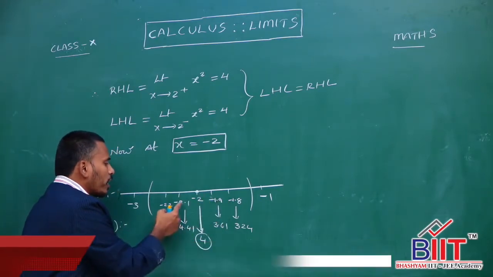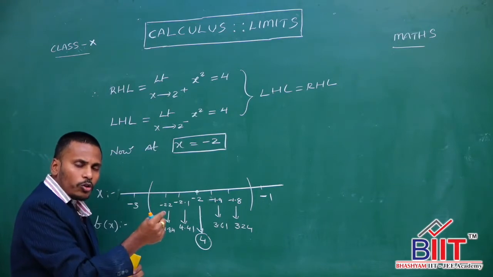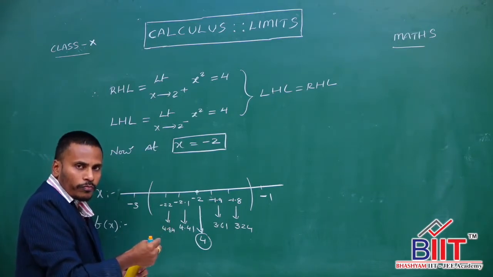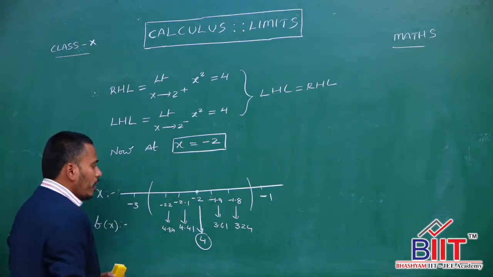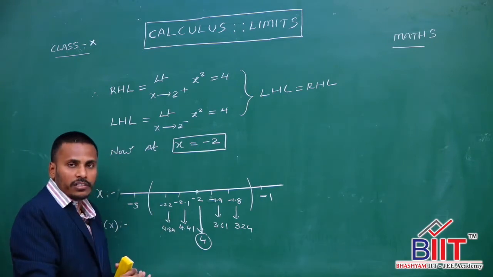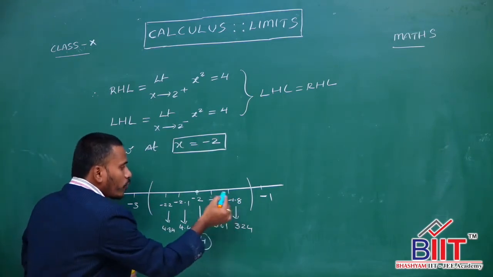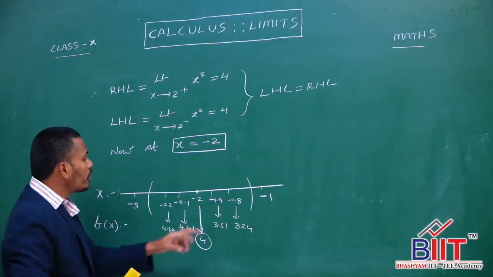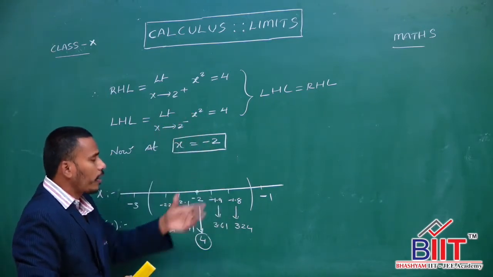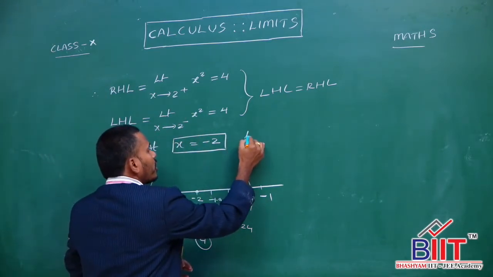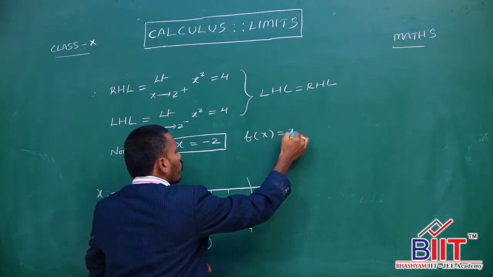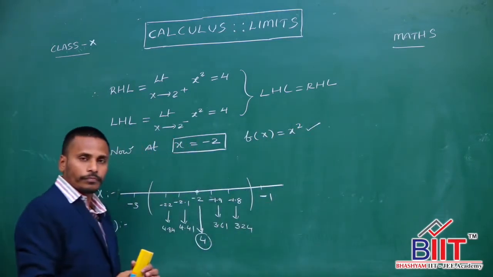And the left side of minus 2, these are the values which are nearer to minus 2 in left side, right. Now, when you calculate the functional values, for minus 1.8, the functional value is minus 1.8 square, because our function is x square, f of x is equals to x square is our function.